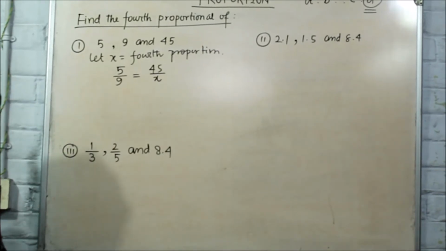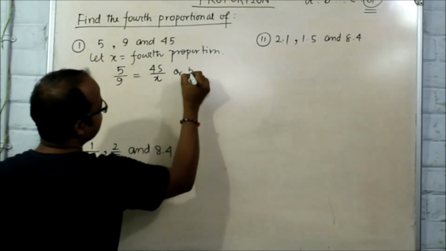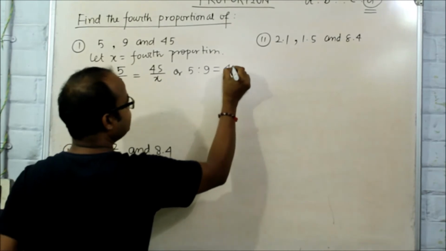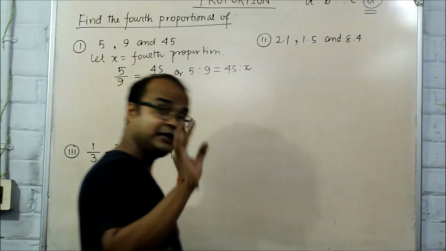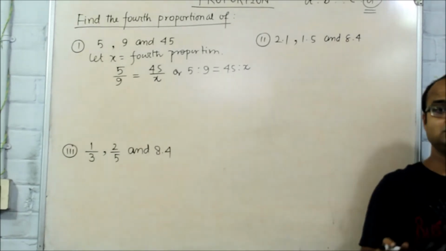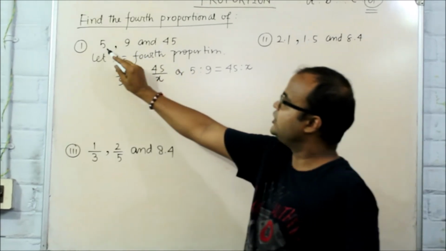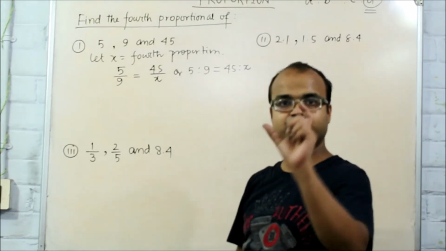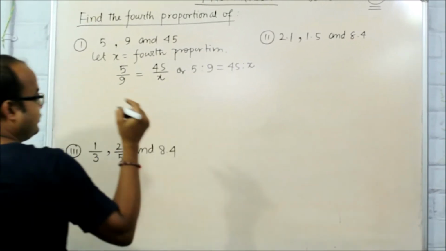Or you can also write in this way, that is 5 is to 9 is equal to 45 is to X. Either way you can write. It is up to you how you are going to express it. Simple thing is that ratio of first and second must be equal to ratio of third and fourth to make it proportion. Clear?